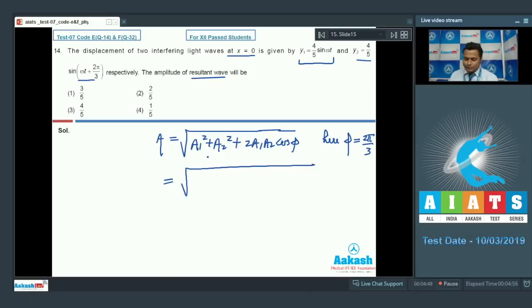We have a1 squared, that is (4/5) squared, plus a2 squared, that is (4/5) squared, plus 2 times a1, 4/5, multiplied by a2, 4/5, cos of 2 pi by 3.